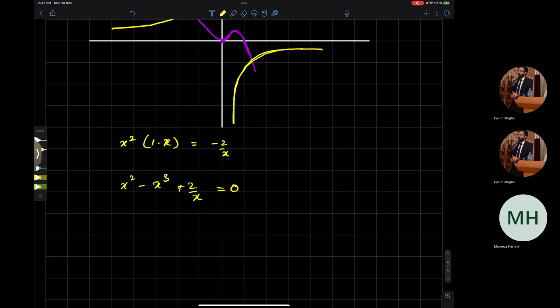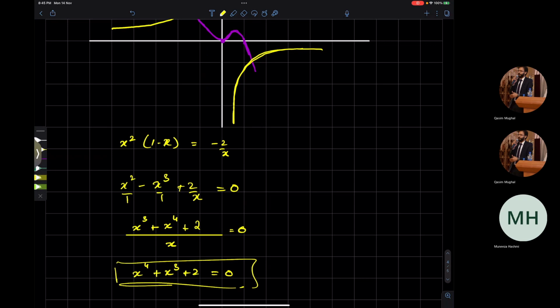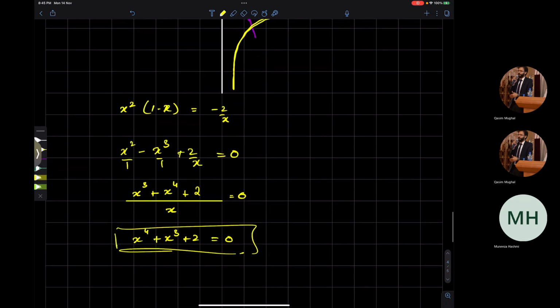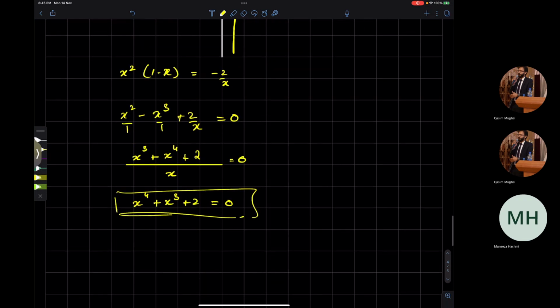Now I'm going to take an LCM here. X is the LCM. So x cubed plus x raised to the power 4 plus 2 equals to 0. And x raised to the power 4 plus x cubed plus 2 equals to 0. That's your final answer. That's the equation which is going to give you the x coordinates.